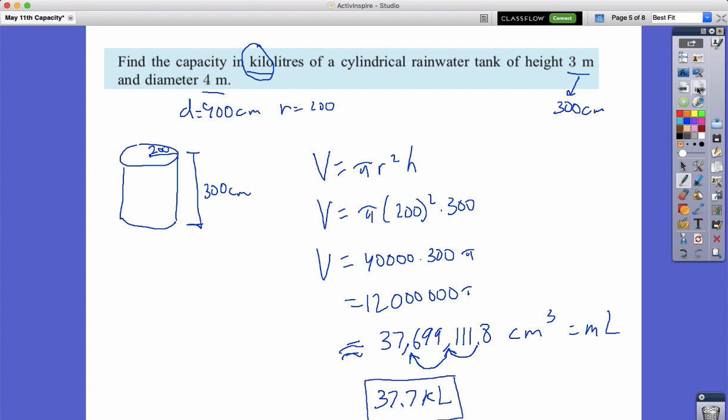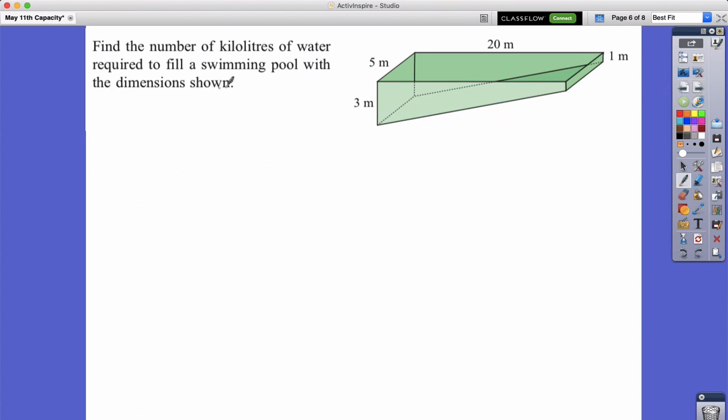Let's look at one more example. Here's a swimming pool, and swimming pools are often like a trapezoidal prism. This is a trapezoid here as the base, and the height or length of the prism is 5. So we can get the area of the base times the height, and then we've got the volume. Again, I like to use centimeters.